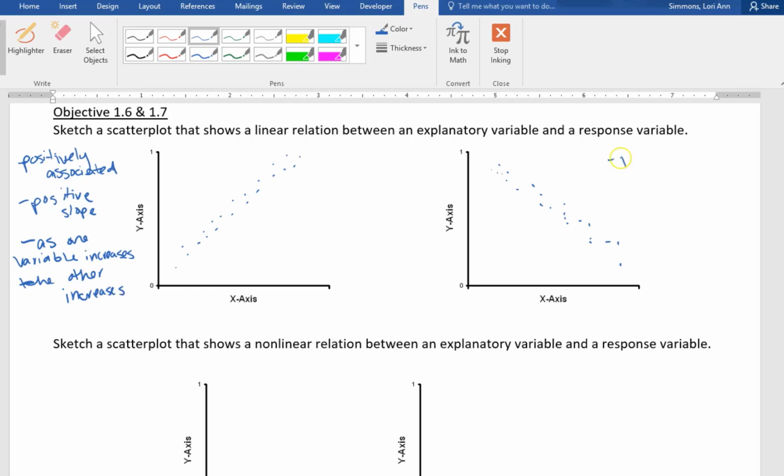This one is now negatively associated. Negative slope. As one variable increases, the other decreases.